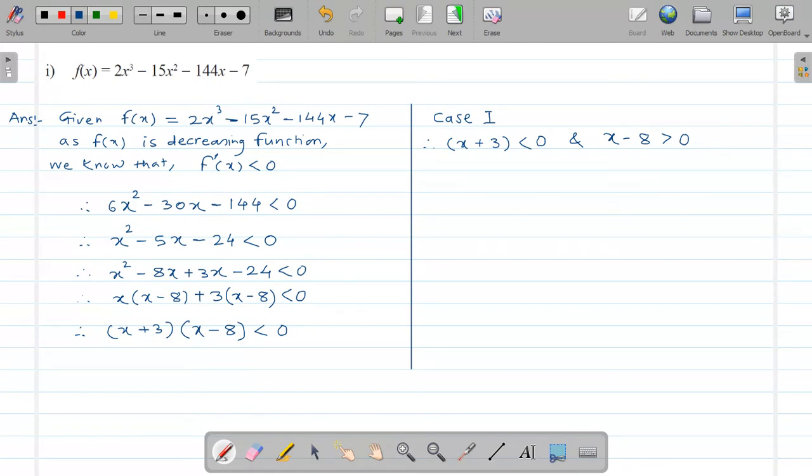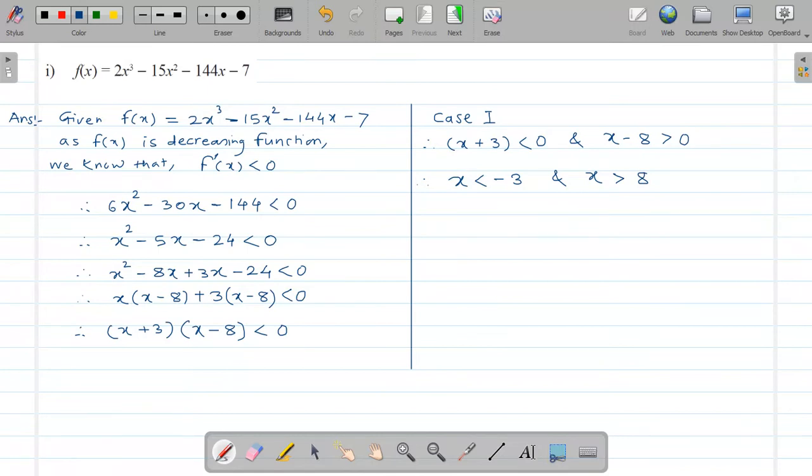That means if one number is negative and the other is positive, then negative into positive is always negative. So this is the first case. Now as x plus 3 is less than 0, we write x less than minus 3, and at that time x must be greater than 8, since from x minus 8 greater than 0 you get x greater than 8.